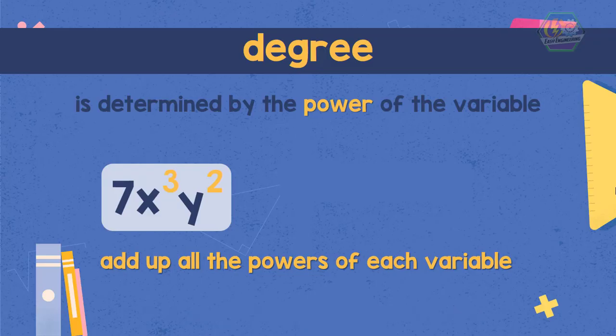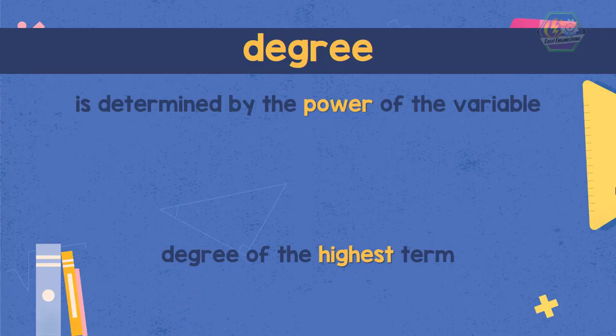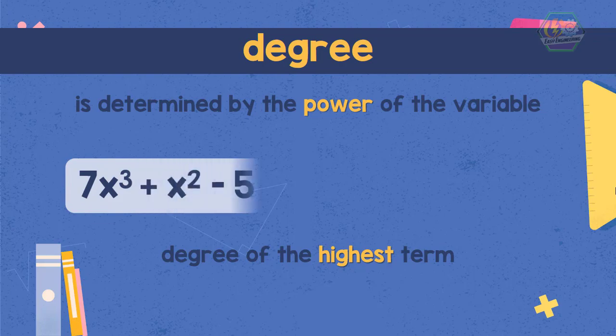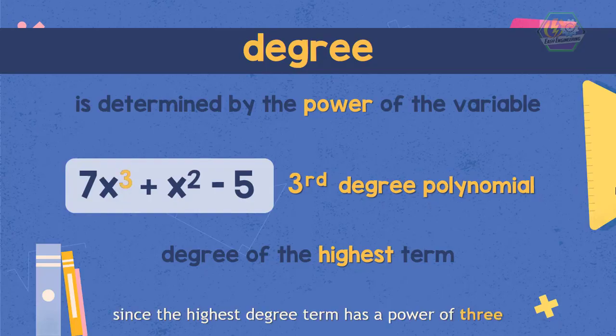Therefore, it has a degree of 3 plus 2, which is 5, or fifth degree term. And now let's move to polynomials. In polynomials, we need to determine the degree of the highest term. If we have a polynomial 7x cubed plus x squared minus 5, then this polynomial is a third degree polynomial, since the highest degree term has a power of 3.